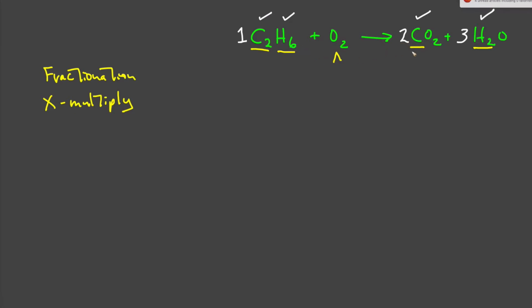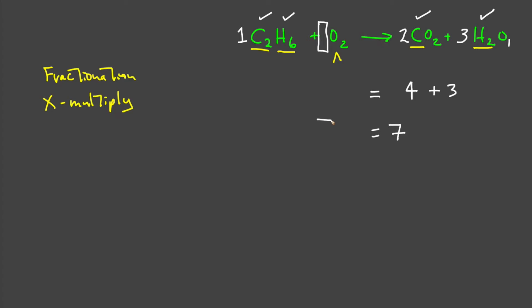With that, everything is balanced except for oxygen, and the coefficient in front of oxygen is the only one left with which I have to work. So let's set up our simple equation. I have 2 times 2, which is 4 oxygens from the carbon dioxides, and 3 times 1, so 3 oxygens from the water, for a total of 7 oxygens on the product side.